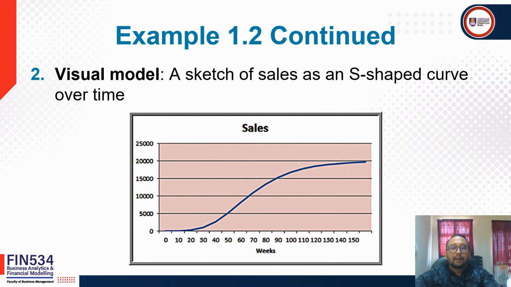You see from 0 to 50, there is a slow increase of the sales, and then from maybe 50 to 90, up to 100 weeks, the product increases. The rate of increase is higher, and then after reaching maybe 150, it starts to decrease. This is how you explain by using a visual model.